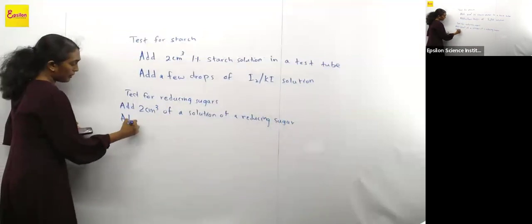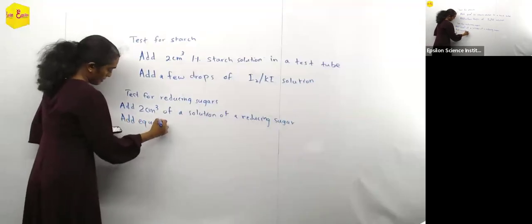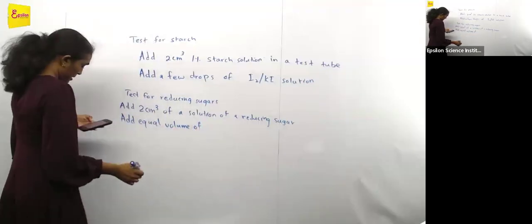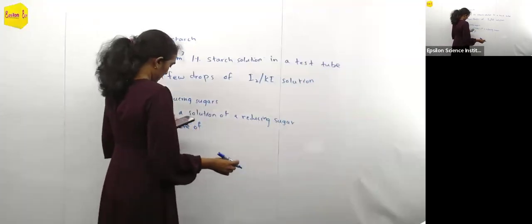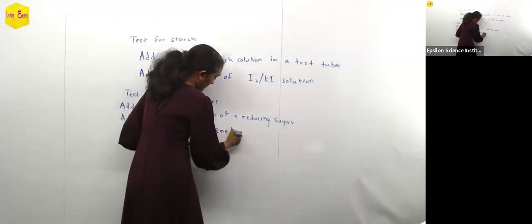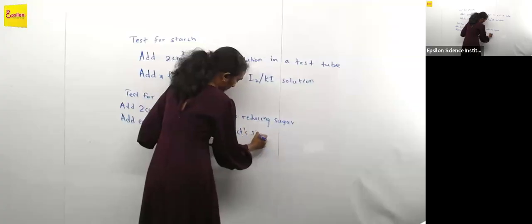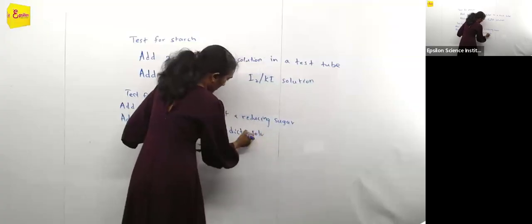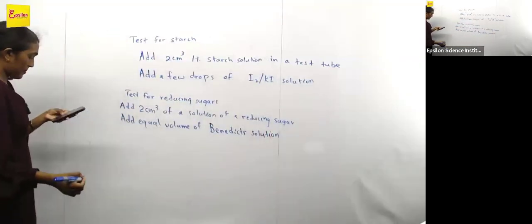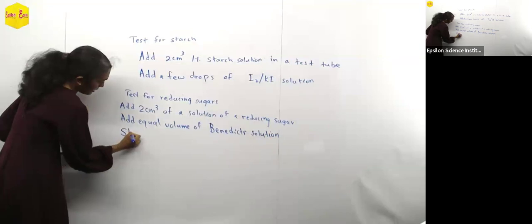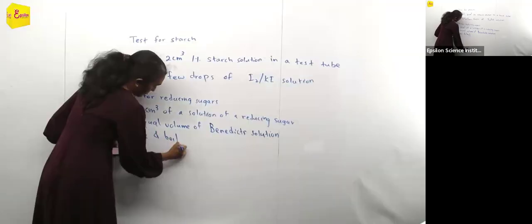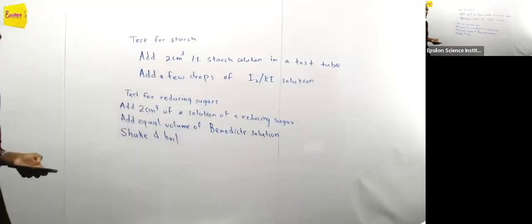Add an equal volume of Benedict solution, and shake and boil. Fine, write down those two.